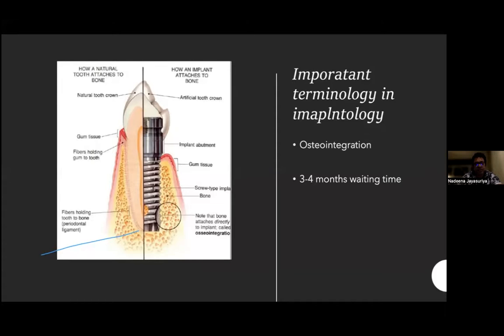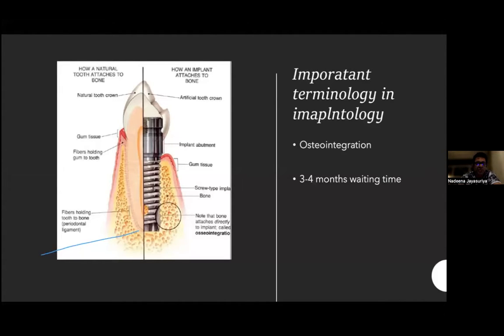It can have different shapes, as well as there's a thing called surface treatment. That means if we take the implant surface and sandblast it and put some chemicals on the surface, it will fasten the bone healing with the implant.